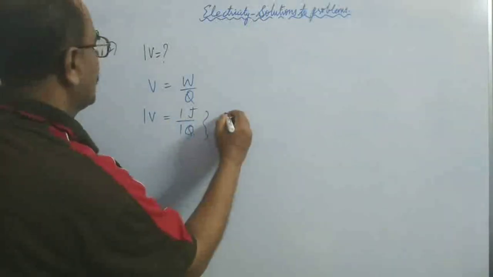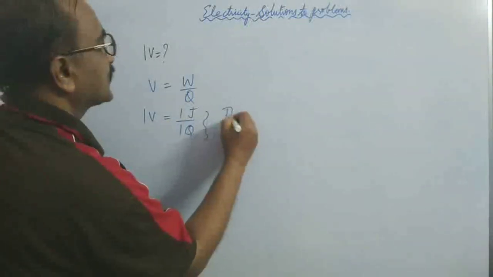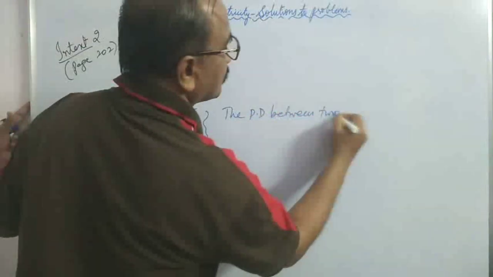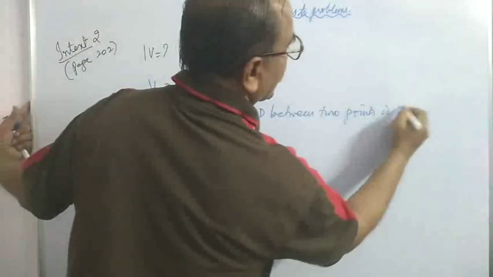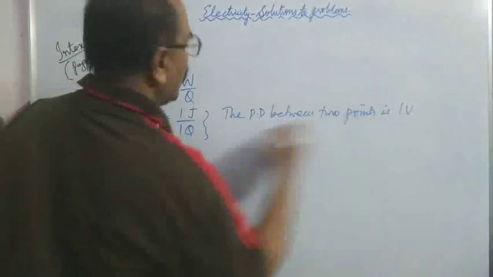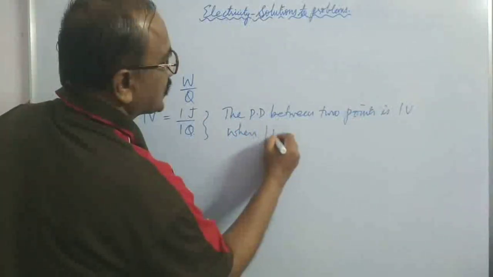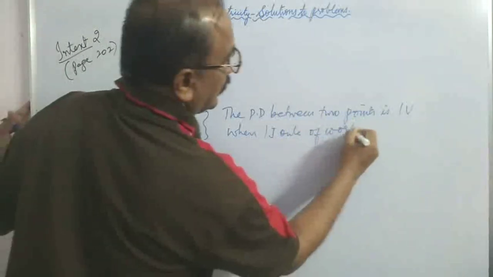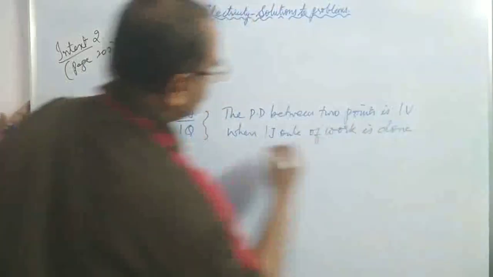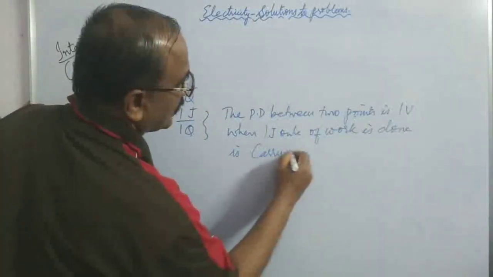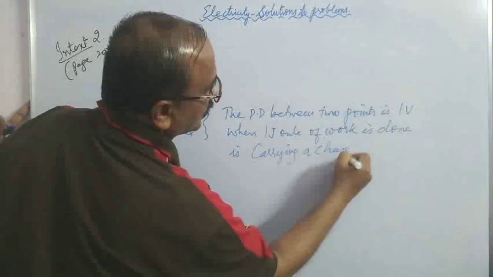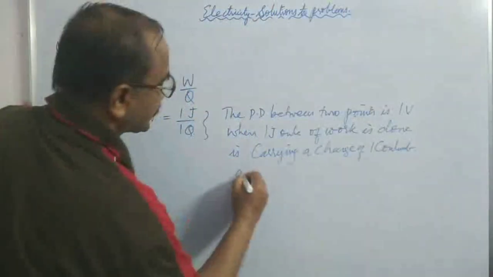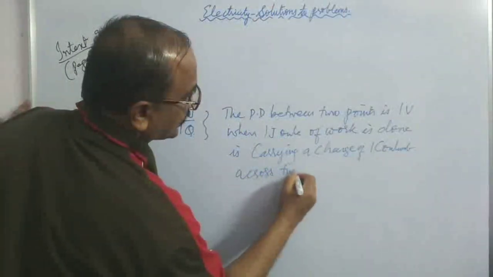So this means that the potential difference between 2 points is 1 volt when 1 joule of work is done in carrying a charge of 1 coulomb across 2 points.